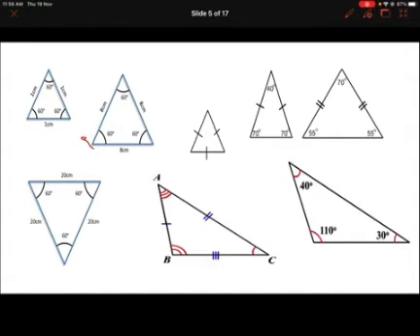If all the sides of a triangle are equal, all the angles are also equal. So we can call this as equilateral. Also equiangular. Please recall, children.